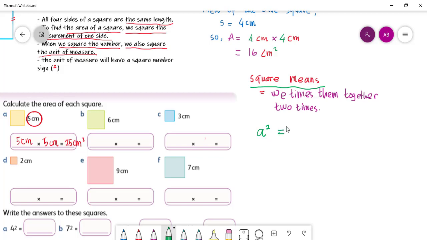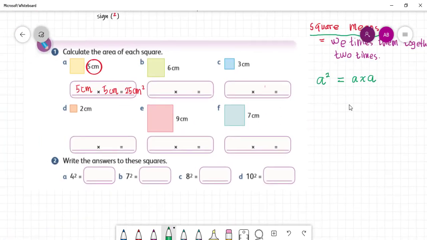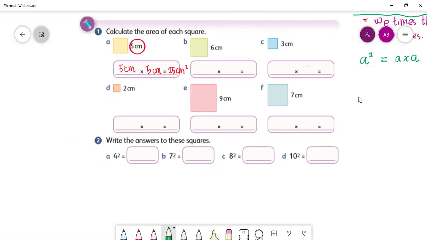So when you see a squared, it means a times a. Okay, kids, back to our question. Here is 4 squared. 4 squared means 4 times 4. If you write the answer, you can do it: 16. How about 7 squared, 8 squared, and 10 squared? You can follow teacher Via too. Okay, kids, if you can understand that, let's move on to problem solving using squares.